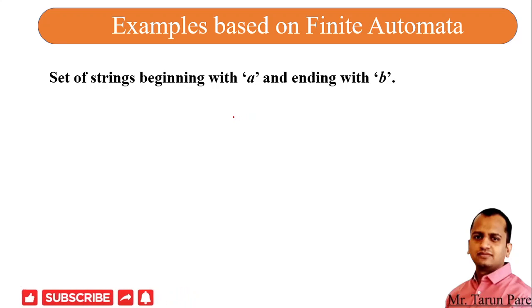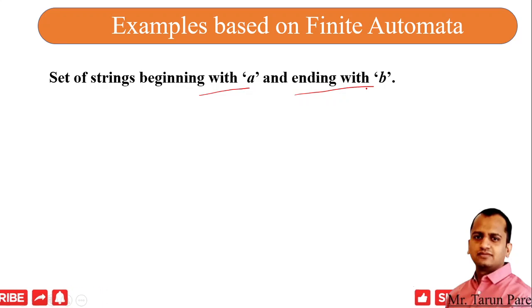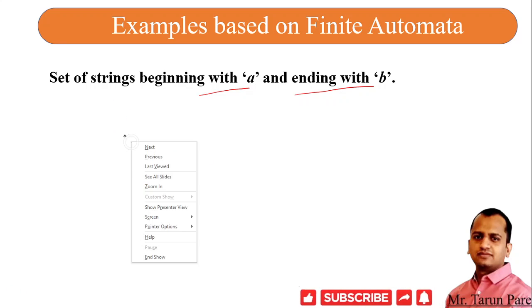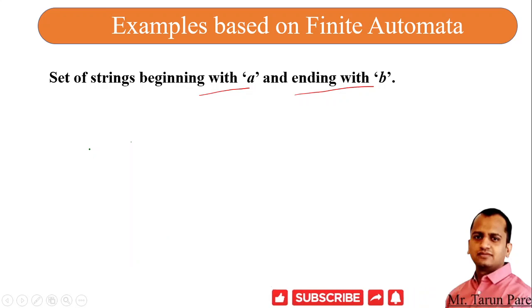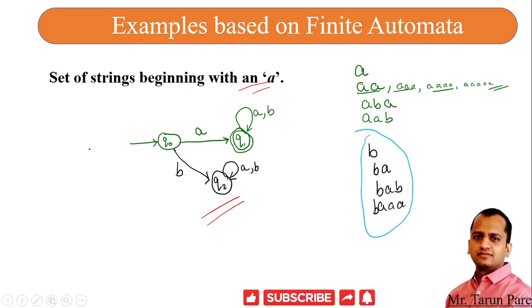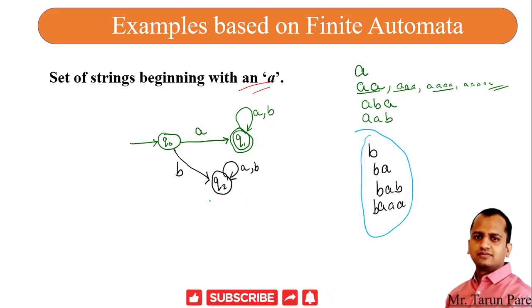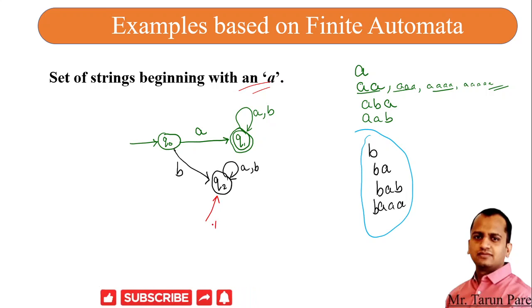We have to design an automata which begins with a and ends with b. So how are we going to design the automata for this? One more thing I would like to explain: this is called the dead state.